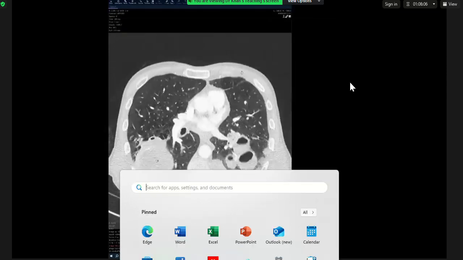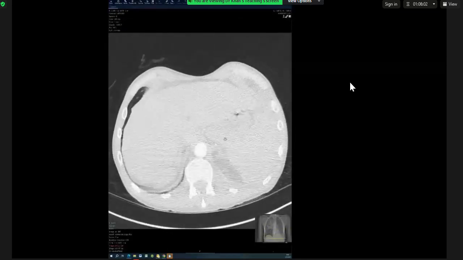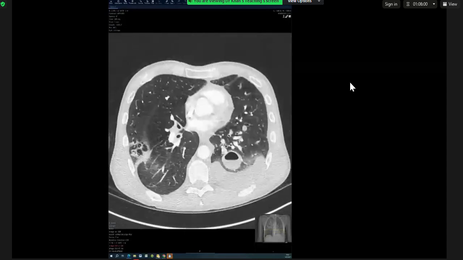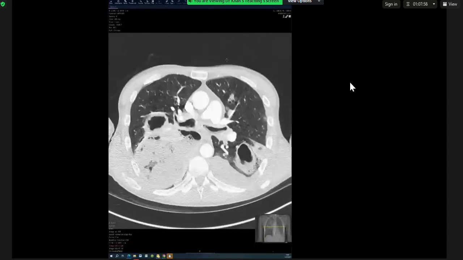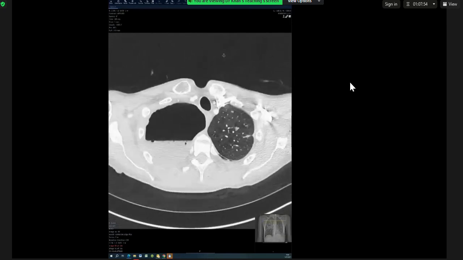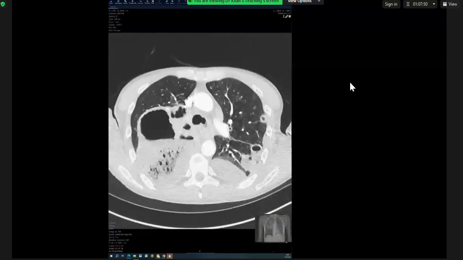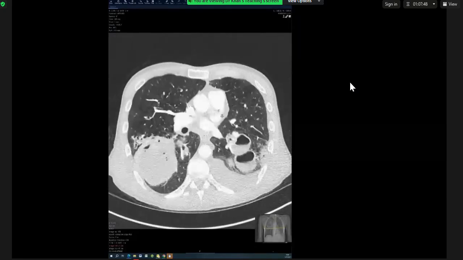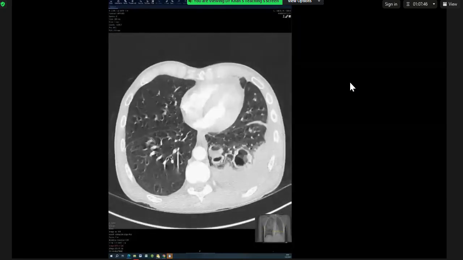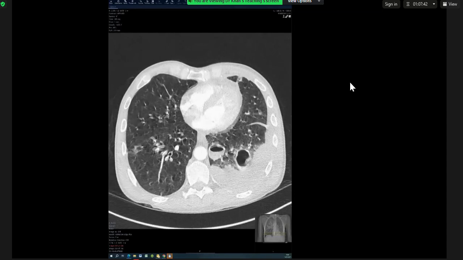This is a large lesion with a fluid component and cavitation within, with a corresponding cavitary lesion in the region of the left lung. The large lesion is the one that was discovered in the right hemithorax on the X-ray. These are multiple cavitary lesions.